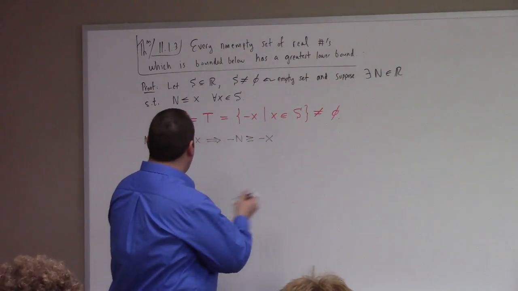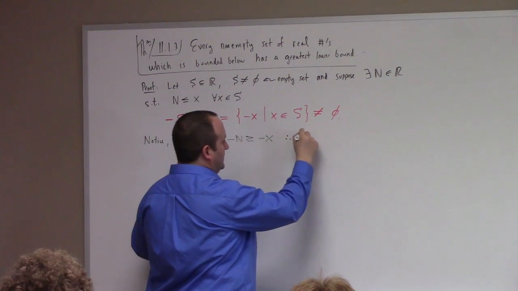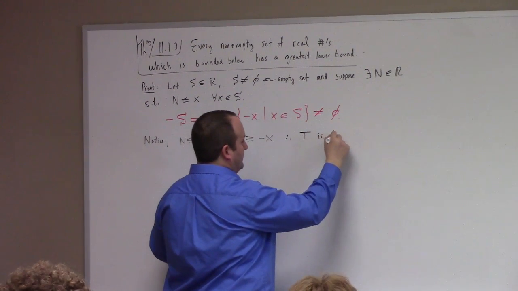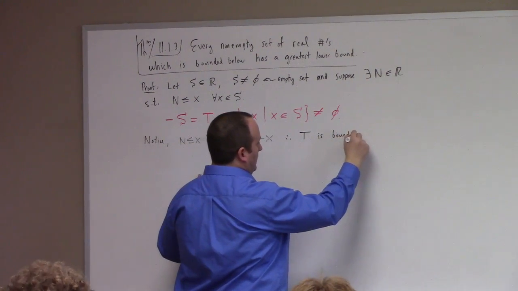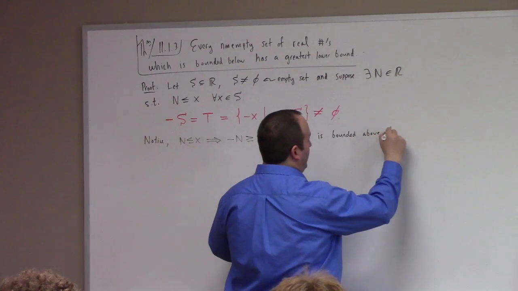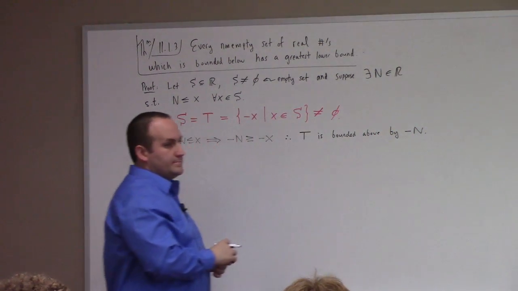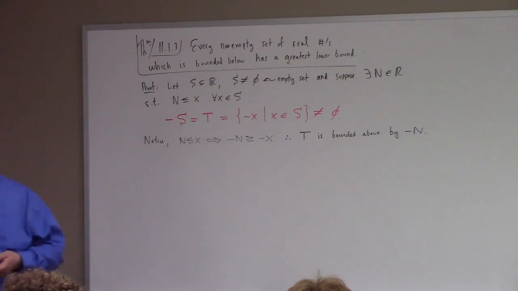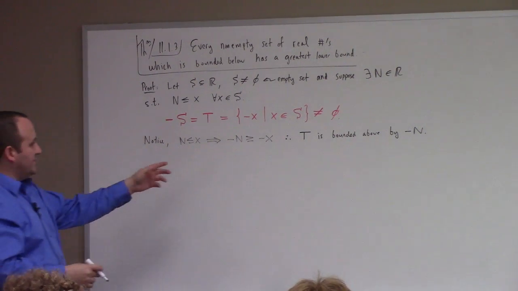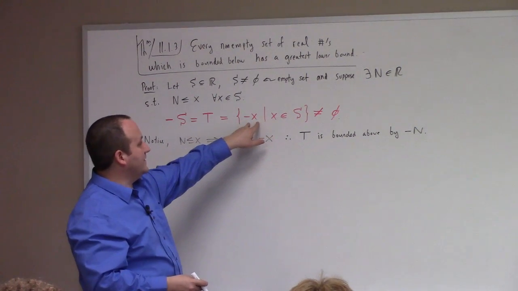Now, therefore, T is bounded above by minus n, because this is true for all elements of T.